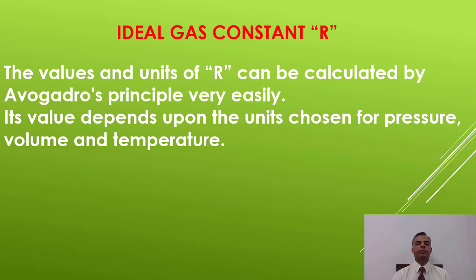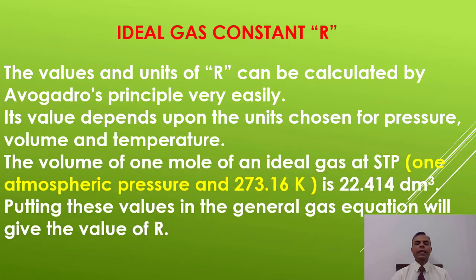The volume of 1 mole of an ideal gas at STP, that is 1 atmospheric pressure and 273.16 Kelvin, is 22.414 decimeter cube. Putting these values in the general gas equation will give the value of R.